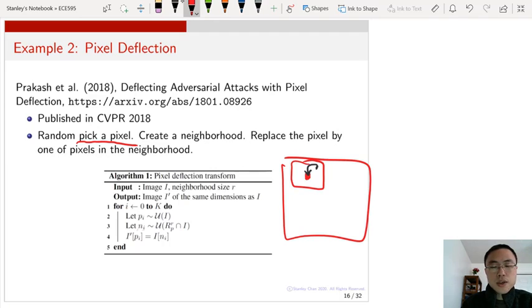And then your output image at location p_i will be replaced by the pixel value located at n_i. And so this is the algorithm. And then they do it for a few pixels, and they show that you can effectively mitigate the adversarial attack.